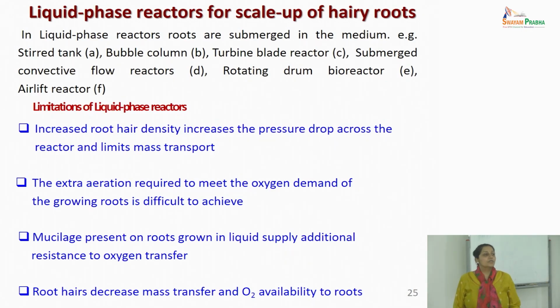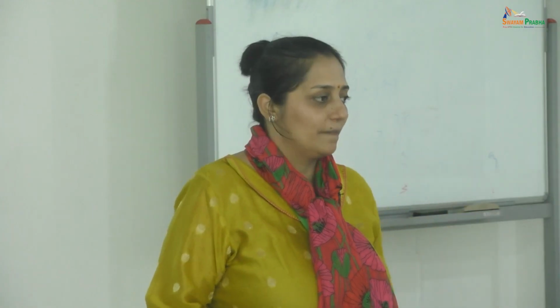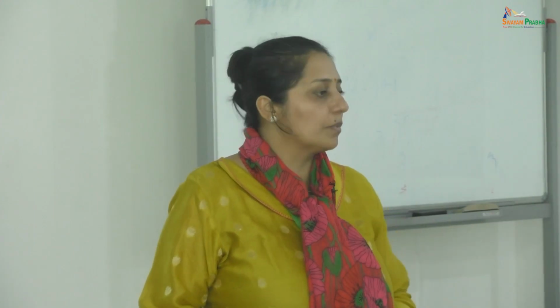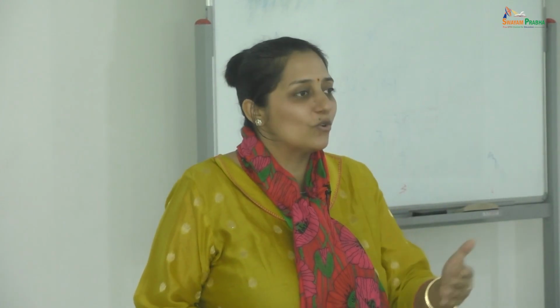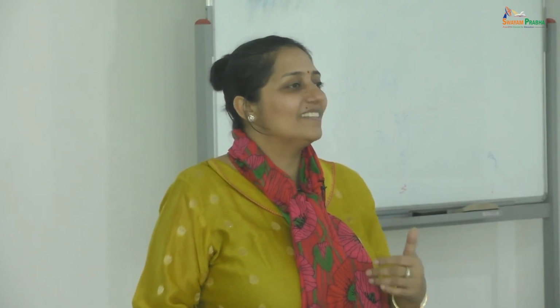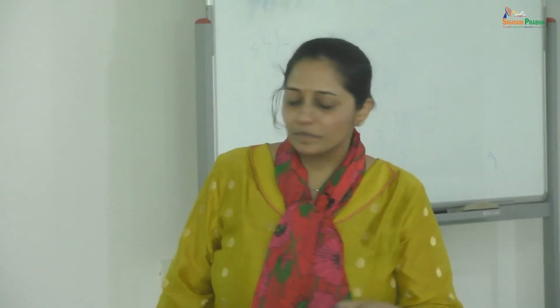Because these are hairy roots, you'll observe how they are different from normal roots in various ways. They are plagiotropic, not geotropic, and they show a large amount of small root hairs on their branches, more than what you can see in normal root systems. So every such root hair is also adding to the mass transfer limitation.